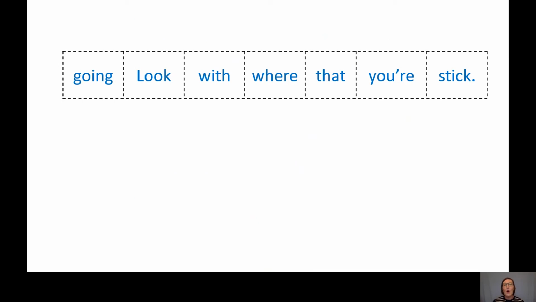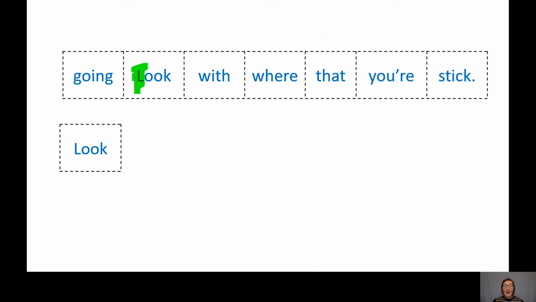If you help me spot where the capital letter is, we'll know which word comes first. Can you spot it? That's right, there it is. And that will be our first word. Our full stop is already at the end, but we need to unjumble these words. So our first word is look. There we go. Look. I wonder which word might come next.